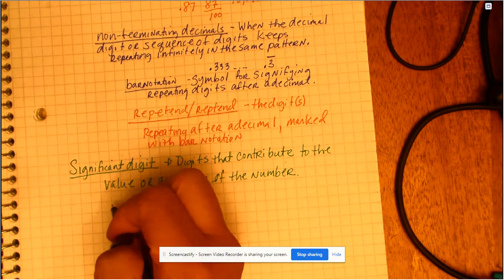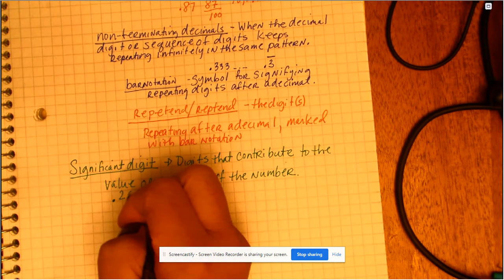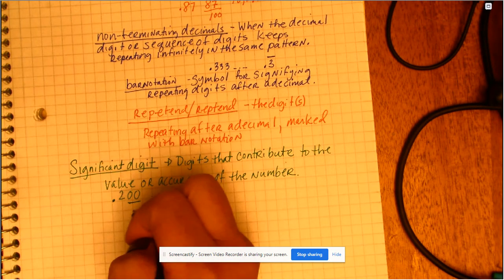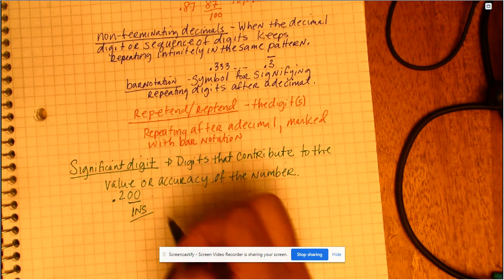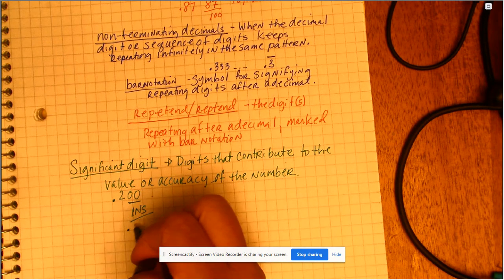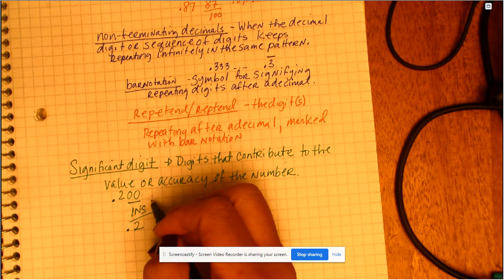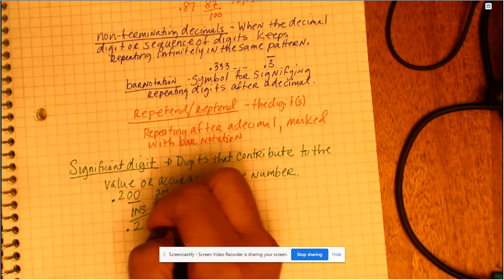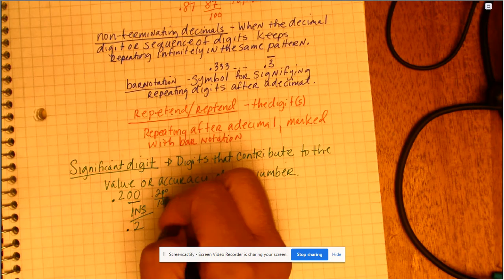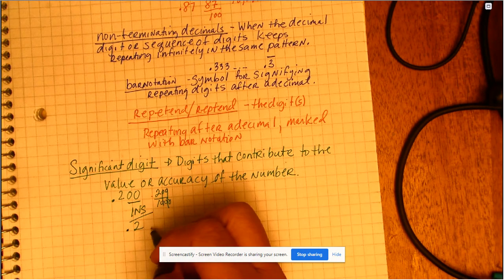So some examples of that, 0.200, these would be insignificant digits because I can represent this fraction as just simply 0.2. Because if I wrote it as 200 thousandths, those zeros would cancel out, leaving me with 2 over 10, which could represent itself as 0.2.